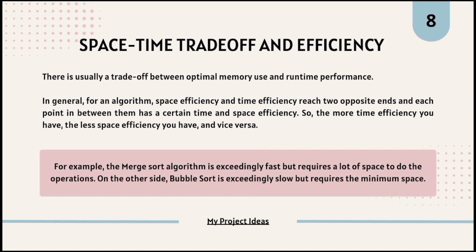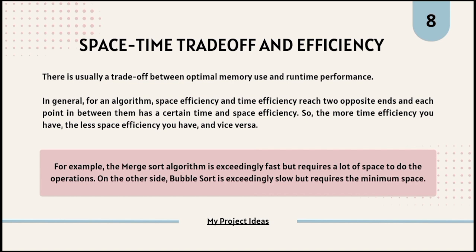But these two always reach opposite ends, and there are certain conflicts: if the space efficiency is higher, time efficiency is lower. So they never reach an optimal point. The more time efficiency you have, the less space efficiency you will have. So it goes inversely proportional that way.